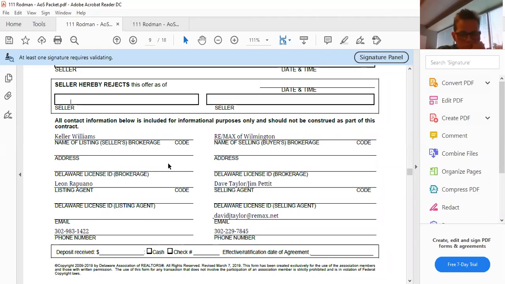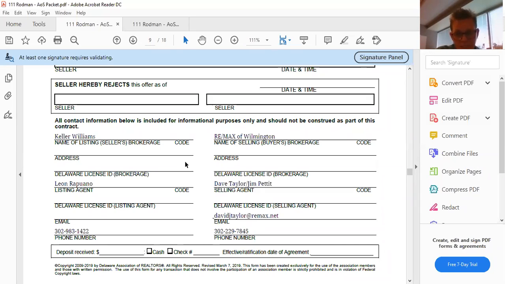That has the office info, because just putting Keller Williams here, they didn't even specify Keller Williams Wilmington. There's multiple Keller Williams offices. I always put the code for both offices. And guys, all of this information can be found right on Bright. Sure enough can.